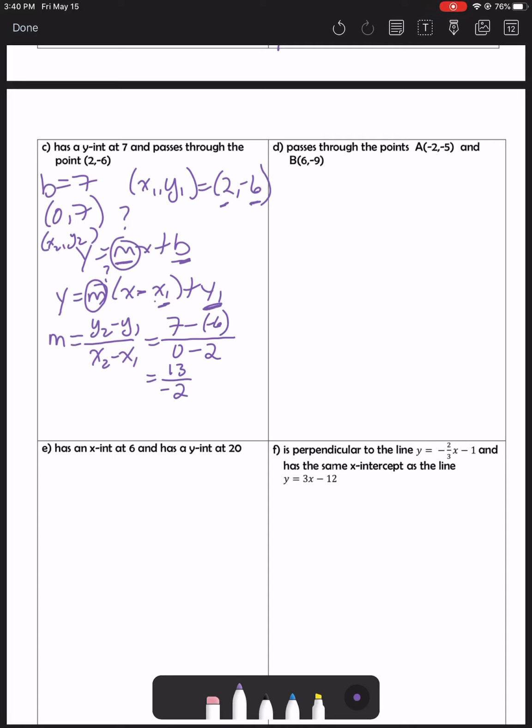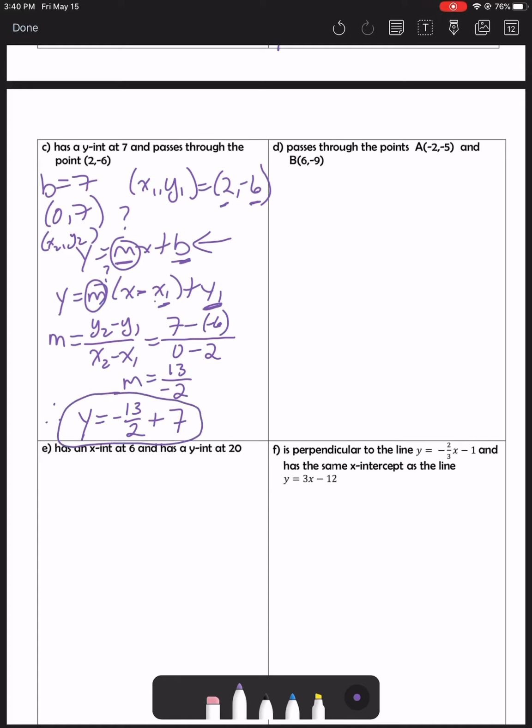So now, therefore, I can go back to my first formula because now I know m. I know m and I know b. So therefore, y equals negative 13 halves x plus 7. And we're done.